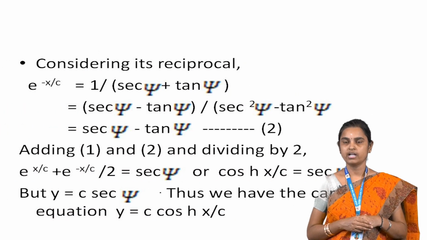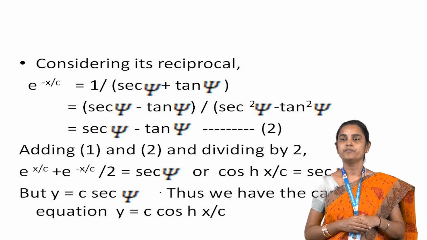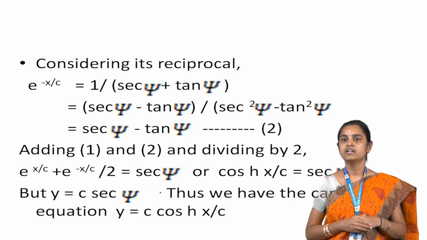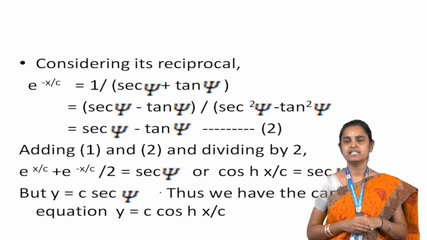Considering its reciprocal, e power minus x by c equals 1 by secant psi plus tan psi. Multiply by its conjugate, secant psi minus tan psi divided by secant psi minus tan psi. In the numerator you get secant psi minus tan psi, and the denominator is secant square psi minus tan square psi, which is 1. So finally you get secant psi minus tan psi. Take it as the second equation.